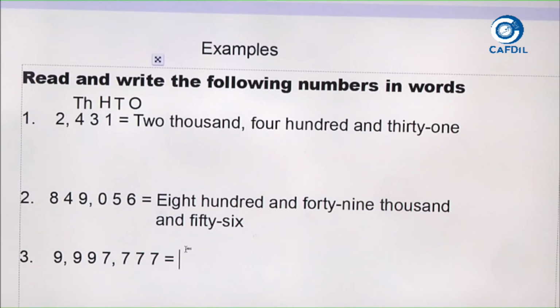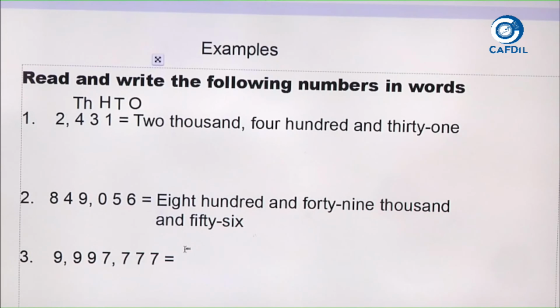It's 7. So a number with 7 digits is in millions. So we have to bring the group names. The first group here will be million. The second will be thousand. And the third will be hundreds, tens, and then ones.